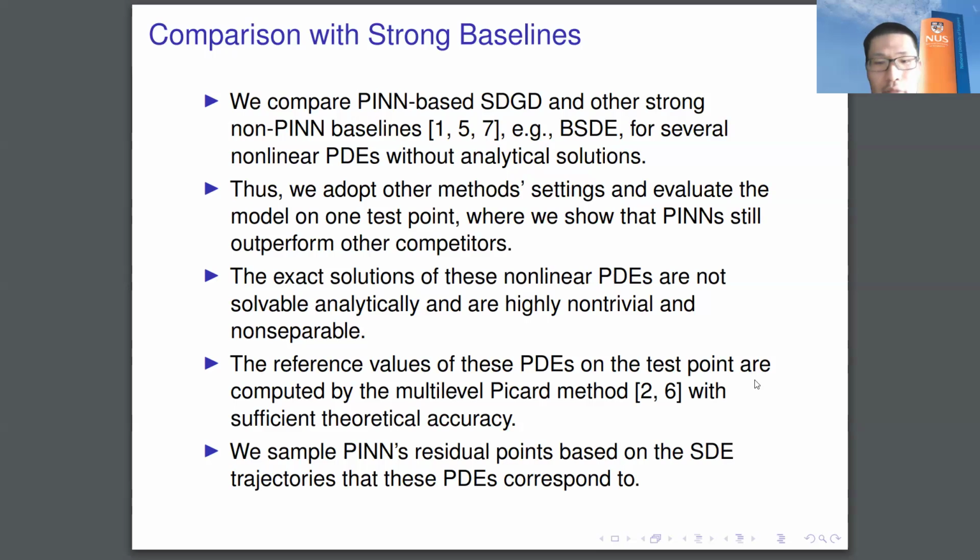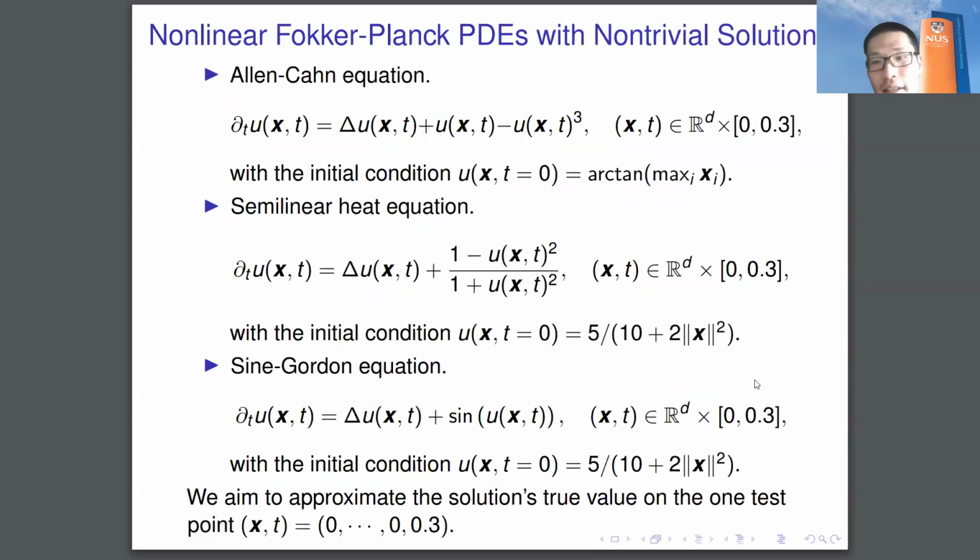Another thing is that we need to sample the residual points of PINN based on an SDE trajectory, because these equations are defined on the whole domain. Here I show these PDEs with different nonlinearity: the Allen-Cahn equation, the semi-linear heat equation, and the sine-Gordon equation, with different nonlinearity and also some initial conditions.